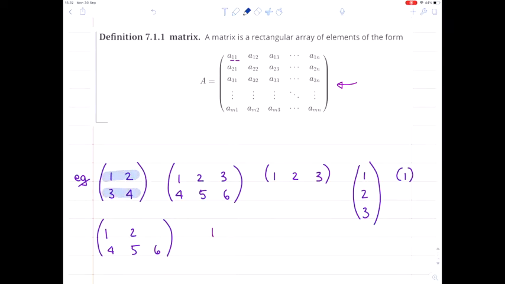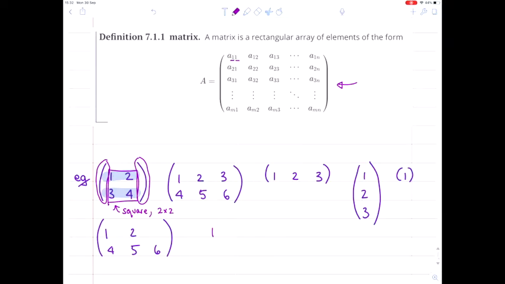Now notice that it's got round brackets and it has an array of numbers with the same number of elements in each row and the same number of elements, possibly a different number, in each column. So this is called a square matrix, and it's 2 by 2 because it has 2 rows, 2 columns.